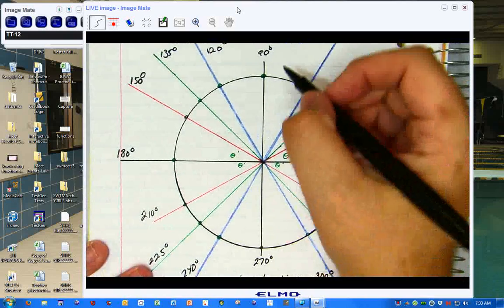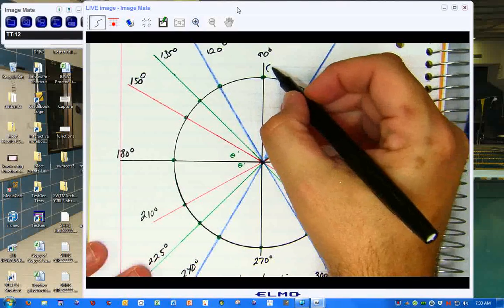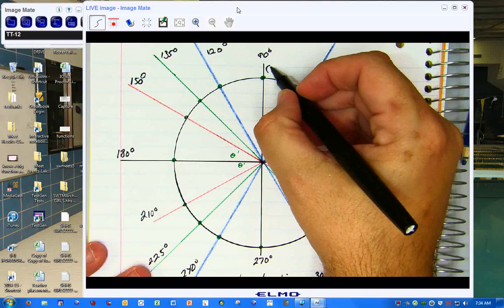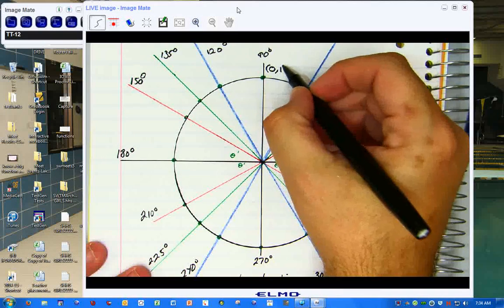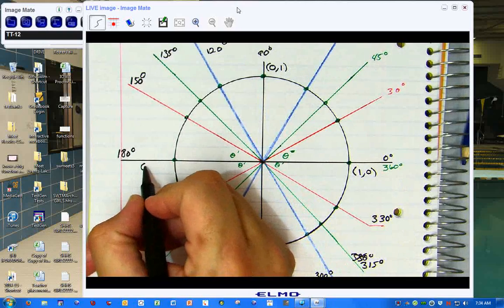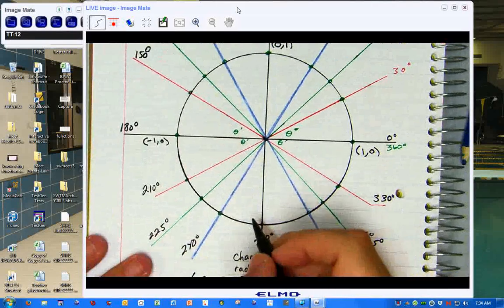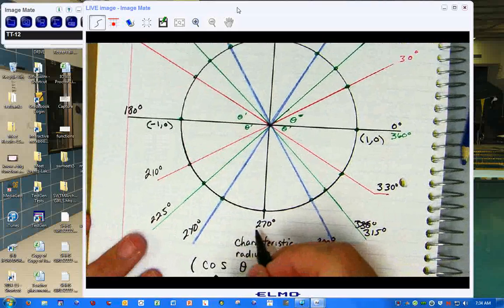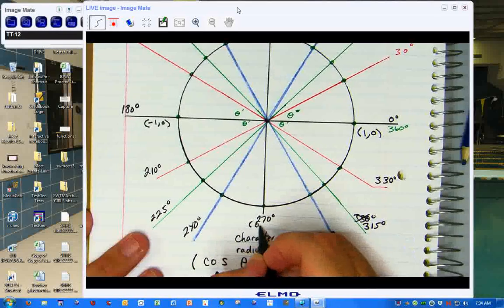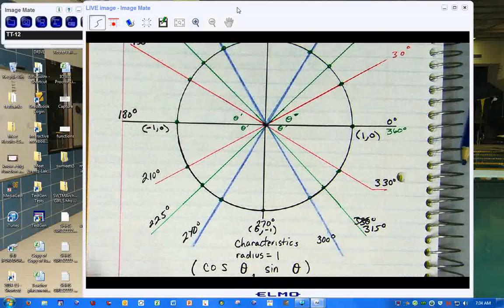What do you think the 90 degrees is? The x is 0 and it's 1. Now what do you think 180 degrees is? Negative 1, 0. And the 270? 0, negative 1. And that's going to kind of feed into everything that we've done so far.